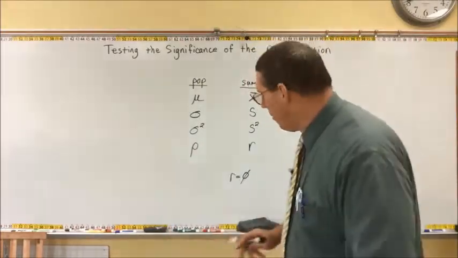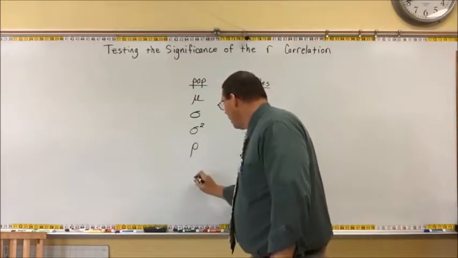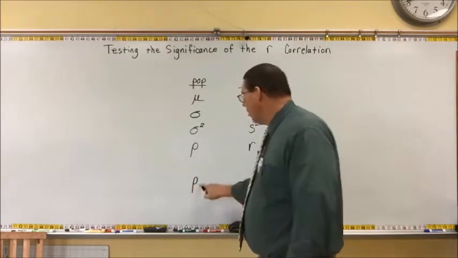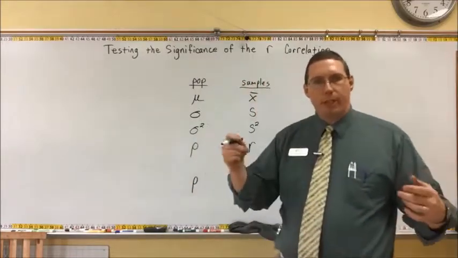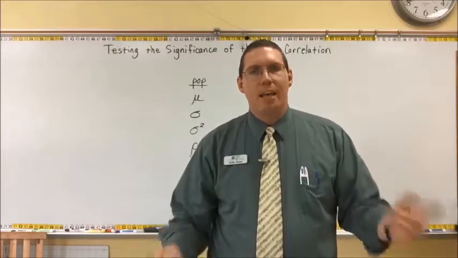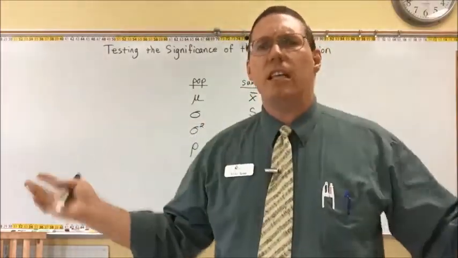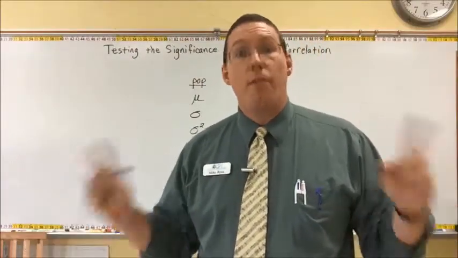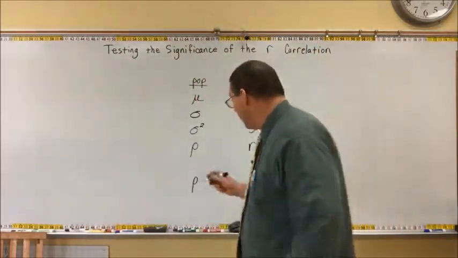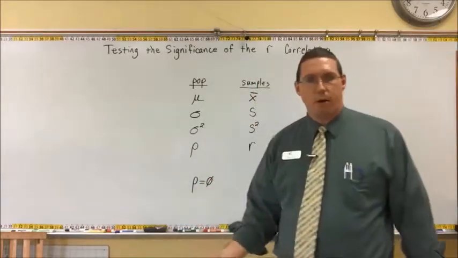But when we go over to the population, when we think of the letter rho, we can say, if we look at the population of one variable and the population of a second variable, if theoretically these two variables are completely unrelated to each other, then theoretically what we're saying is that the rho value is 0.